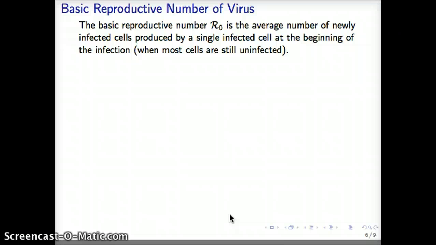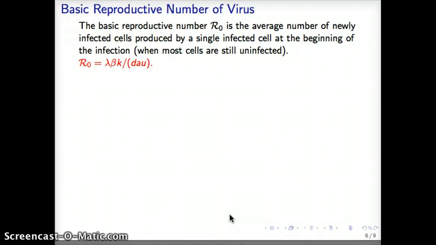So we say something like the R0 of the virus, or basic reproductive number of the virus, which means in this context the expected, or average, number of newly infected cells that are yielded by a single infected cell at the beginning of the infection. And it is assumed that at the beginning of the infection, most cells in that host are uninfected.